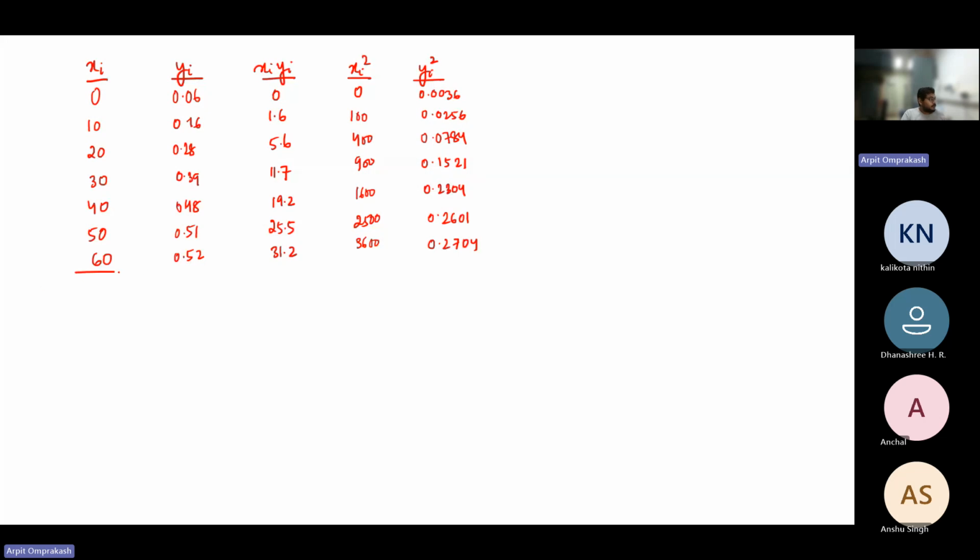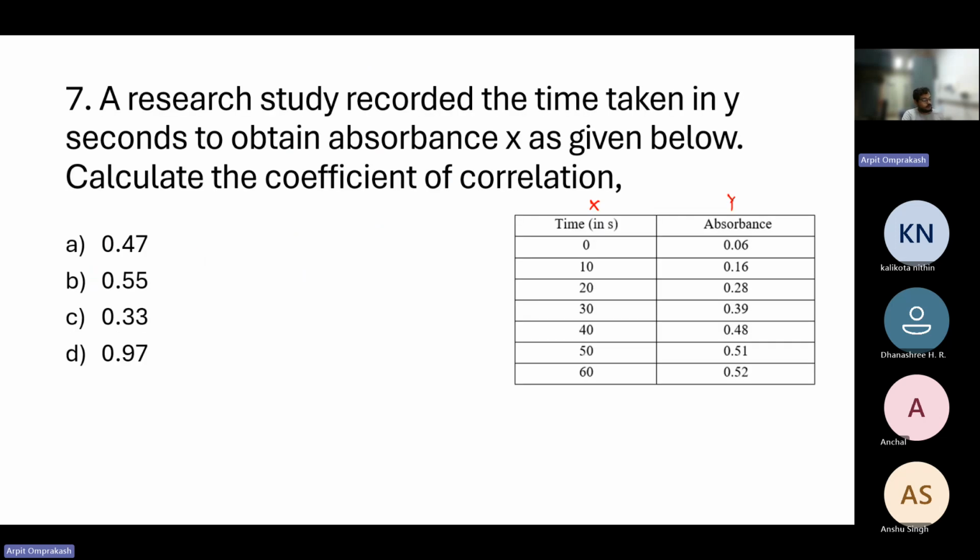So then we'll sum all of it up. Okay. So we are asked to calculate the coefficient of correlation.